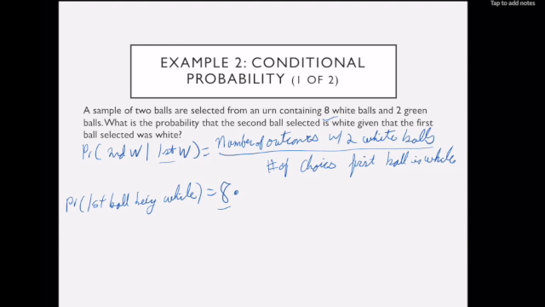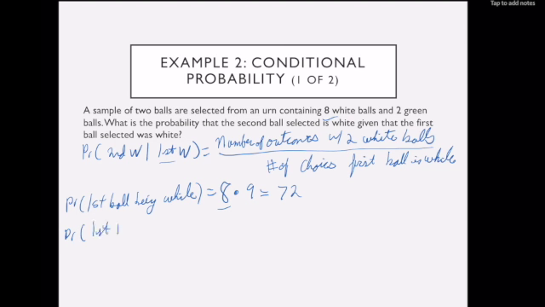Now I don't really care what my second ball is, because this is for the first ball being white. So I have 9 more balls left in my urn, and it doesn't matter which one I get, so it's going to be 9. That's the remaining choices. That gives me 72.